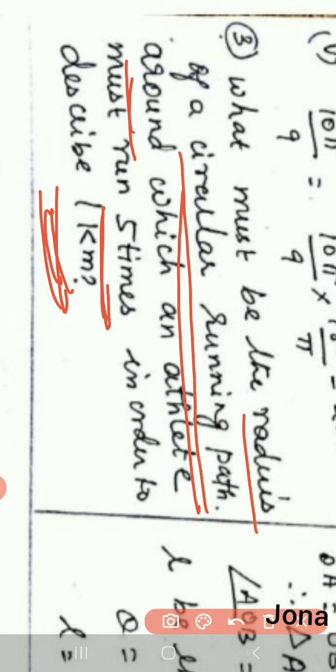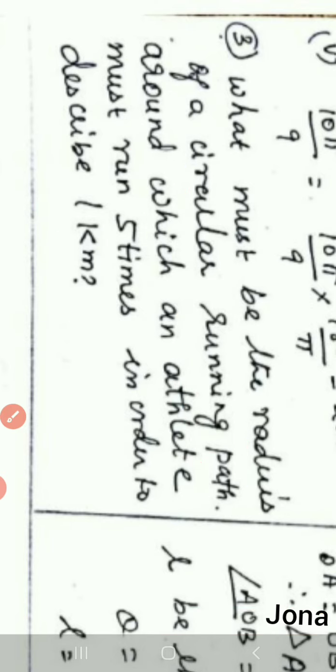In the problem itself, it is given that it is a circular path, isn't it? And we want to find the radius of the circular path. That is clearly given in the problem.